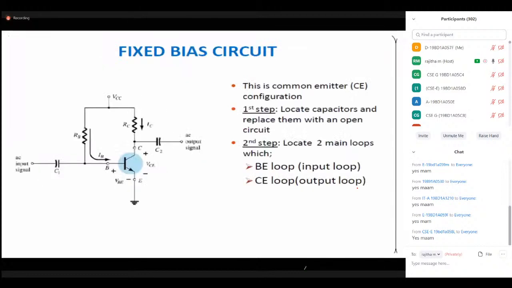You could take two voltage sources: one connected at the collector, the other at the base.